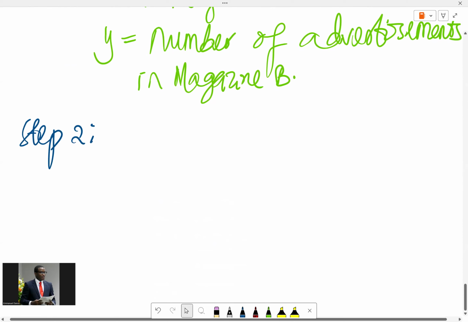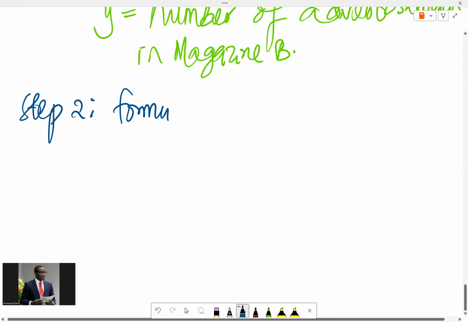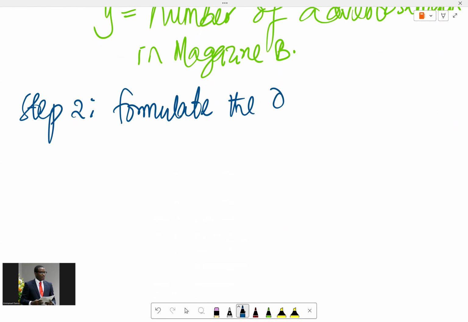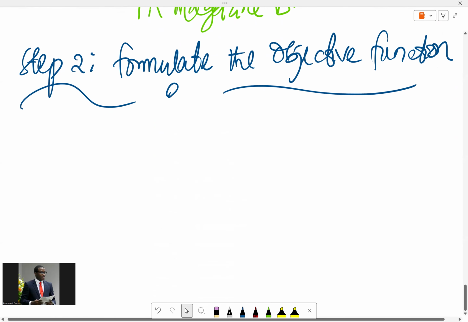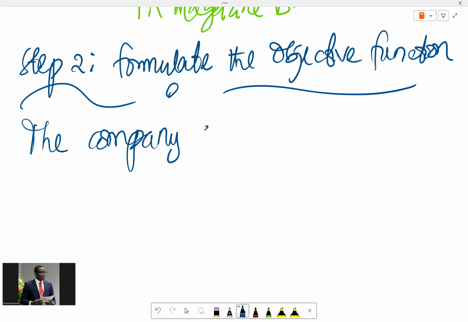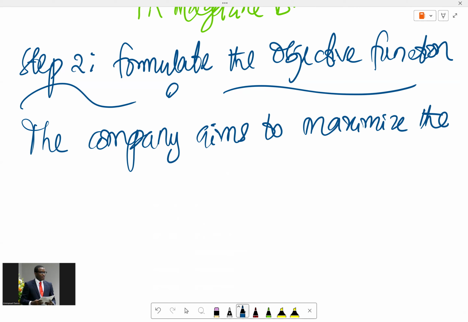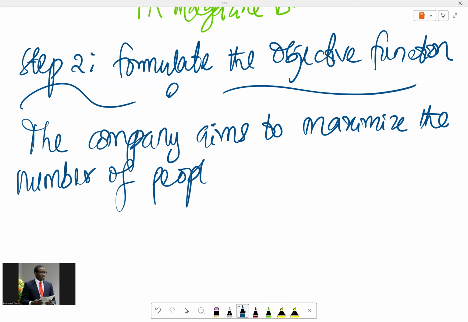Step two, formulate the objective function, now that you know the meaning of X and Y. The company aims to maximize the number of people reached. That's the objective of the company.